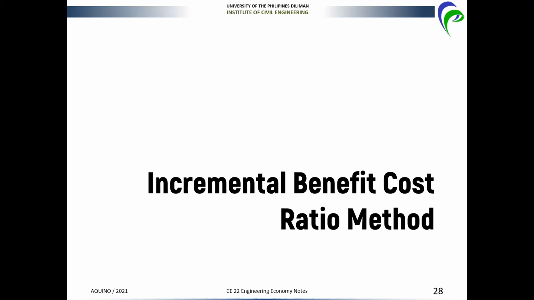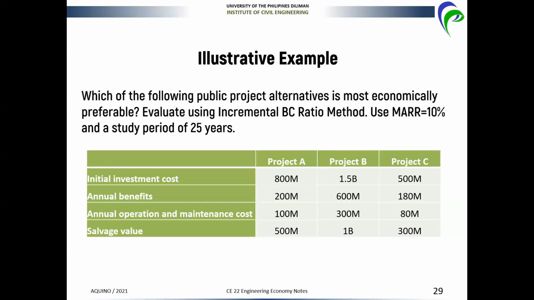Let's go to our next method, which is the incremental benefit cost ratio method. Basically, the principle behind it is similar. So we'll have an illustrative example instead. Assuming you have 3 project alternatives, all of them run for a period of 25 years, and the MARR is 10%.